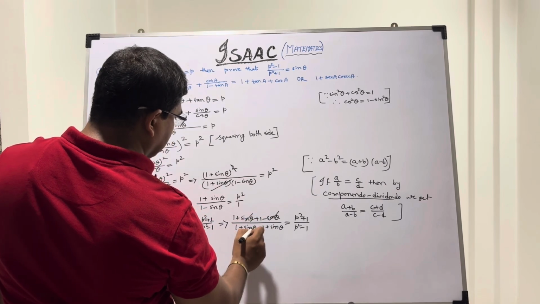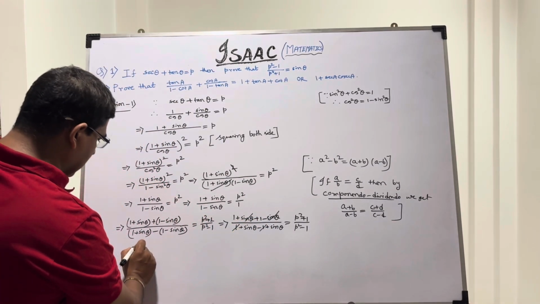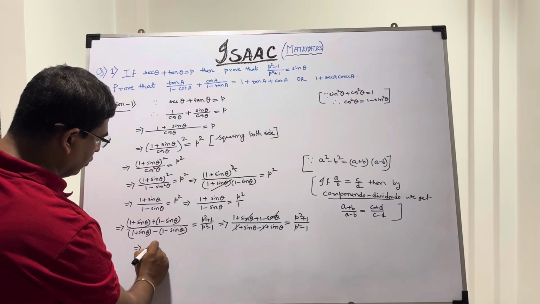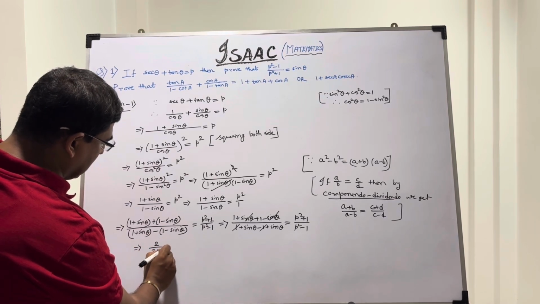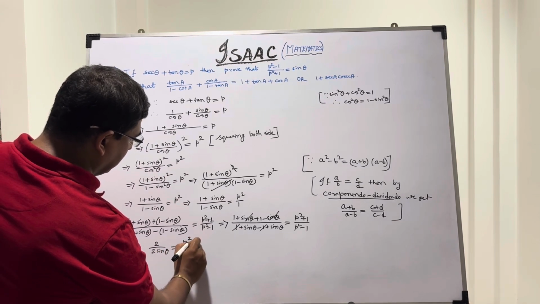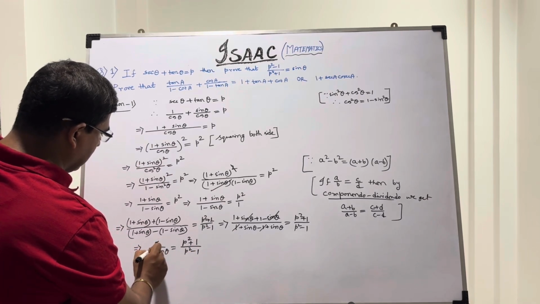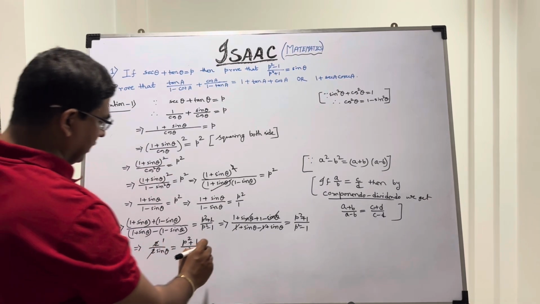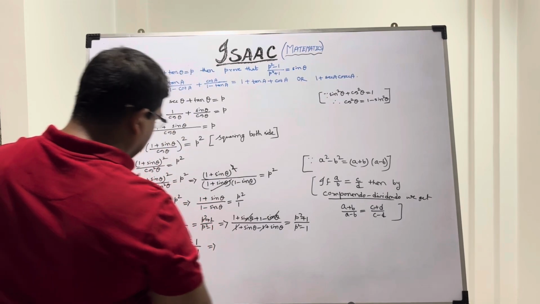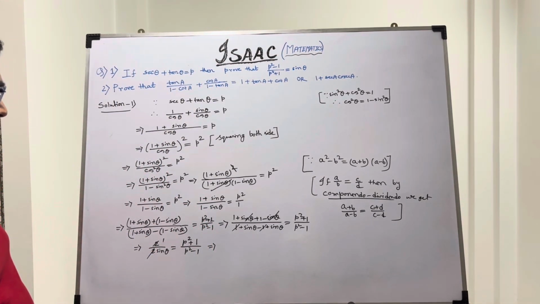By cancelling sin theta and 1 in the numerator and denominator, we get 2 by 2 sin theta equals (p square plus 1) divided by (p square minus 1). Now cancelling 2 from the numerator and denominator, we get 1 by sin theta equals (p square plus 1) divided by (p square minus 1).